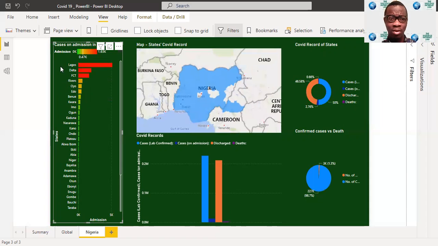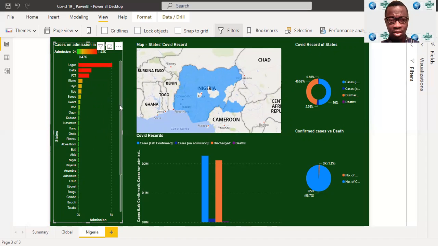One of the reasons is that Lagos is the commercial capital of Nigeria, with a lot of people. The population of Lagos is estimated to be around 20 million, subject to when the next census will be conducted. And FCT is the Federal Capital Territory of the country, and there are a lot of people there.